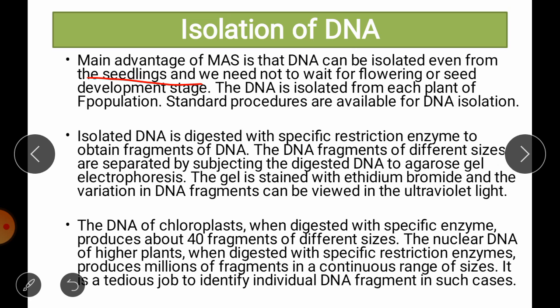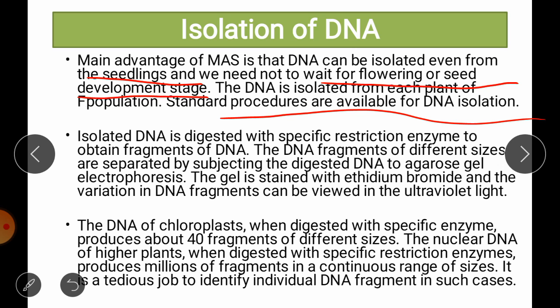So we do not need to wait till flowering or seed development stage. So the process we can start earlier, and that is going to save our time. And it is also possible to isolate the DNA from each plant of your F2 population. So standard procedures such as CTAB we can use for DNA isolation.